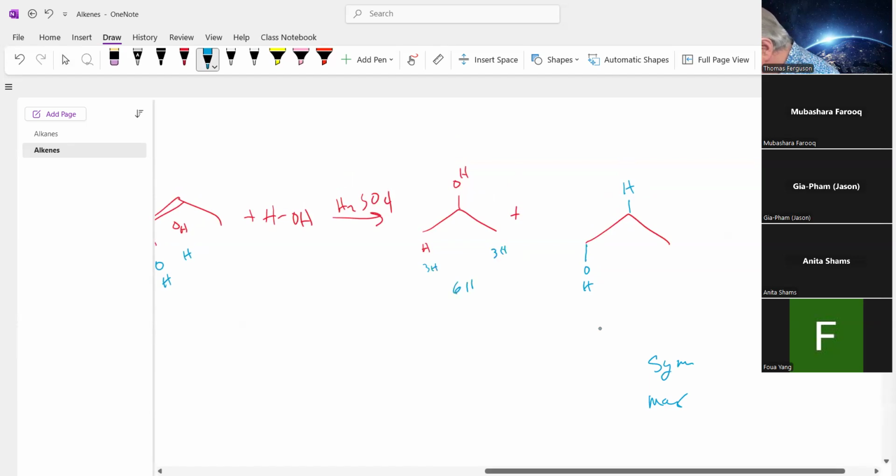Would it be the left? Yes, exactly the same reason as with the chlorine. It's balanced, it's symmetrical, so the symmetry wins out. We're looking at Markovnikov's hydrogens, that's 5. So Markovnikov says it's more symmetrical as well.